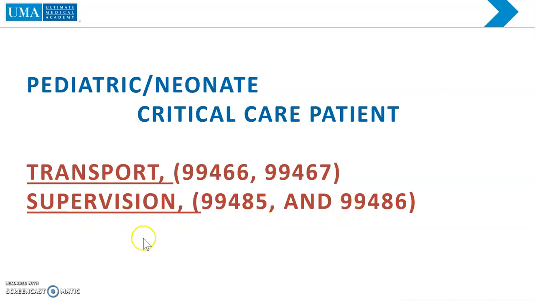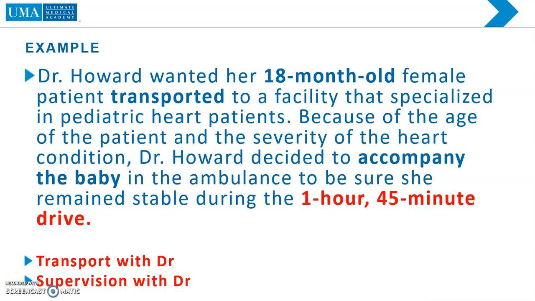Let's review an example. Dr. Howard wanted her 18-month-old female patient transported to a facility that specialized in pediatric heart patients. Because of the age of the patient and the severity of the heart condition, Dr. Howard decided to accompany the baby in the ambulance to be sure she remained stable during the 1 hour 45 minutes drive.